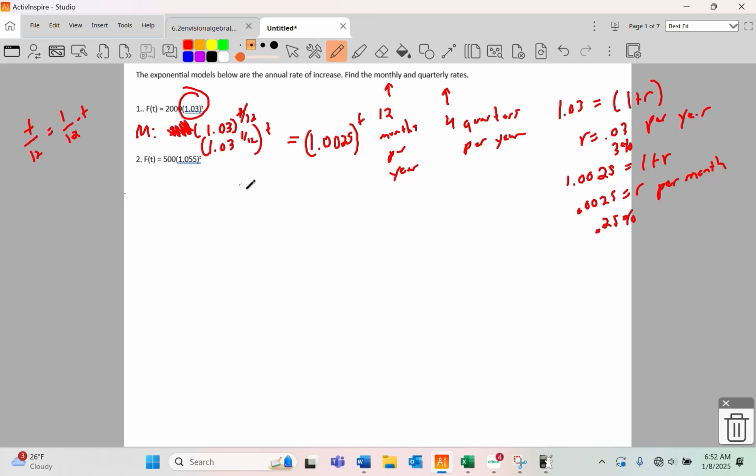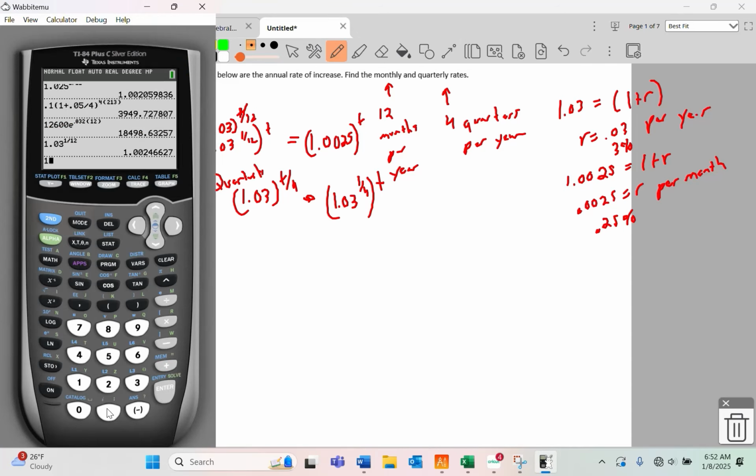You want quarterly? Well, you just take your 1.03 and raise it to the t over 4, and then you move that 1/4 to the interior and see what it looks like.